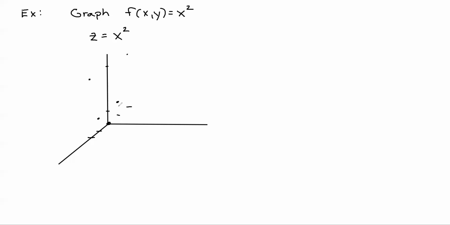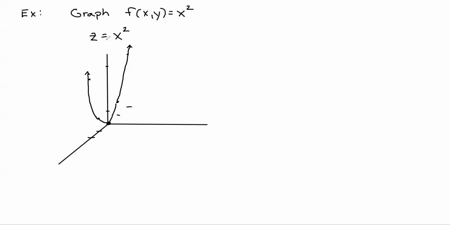And once you've got your points, you just draw a curve that goes through them. Okay, and so that gives us our z equals x squared that's located on the xz plane.